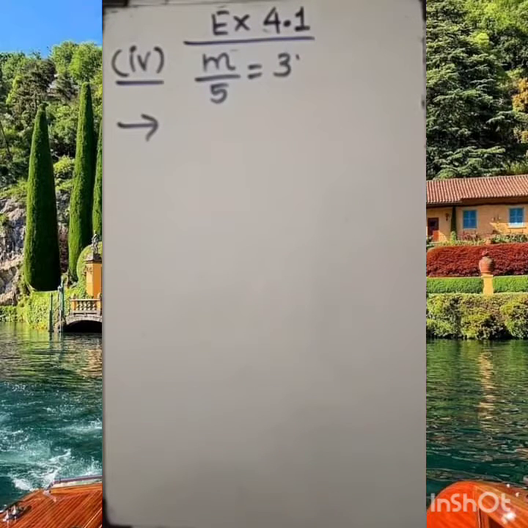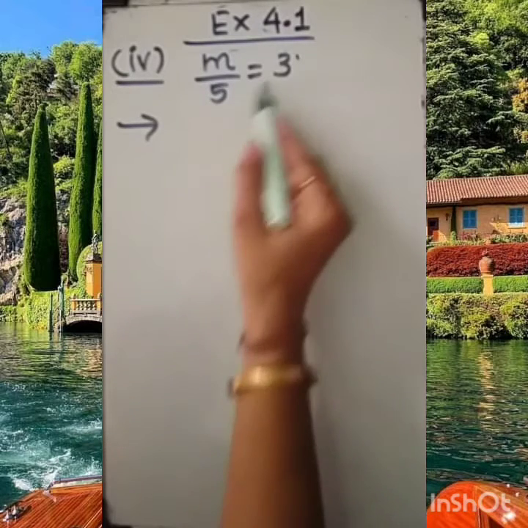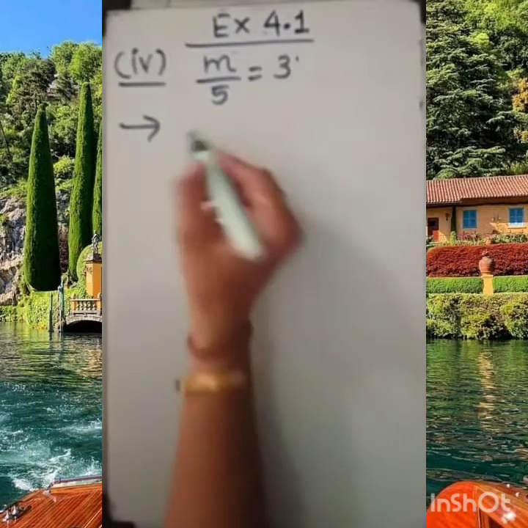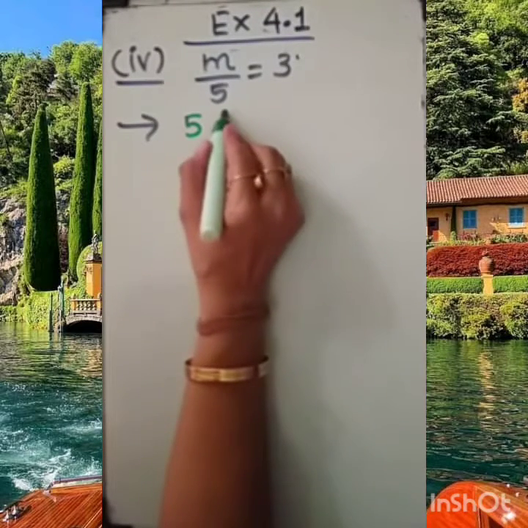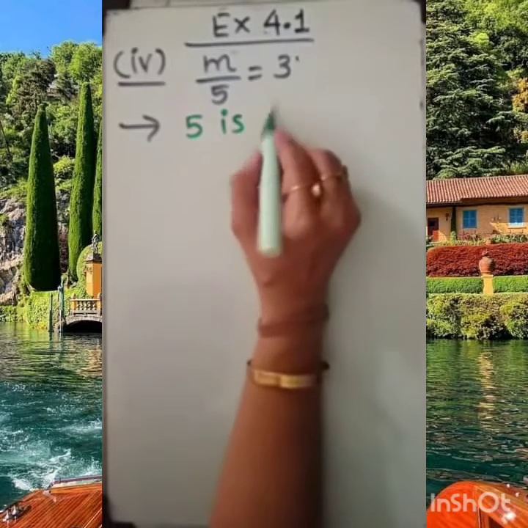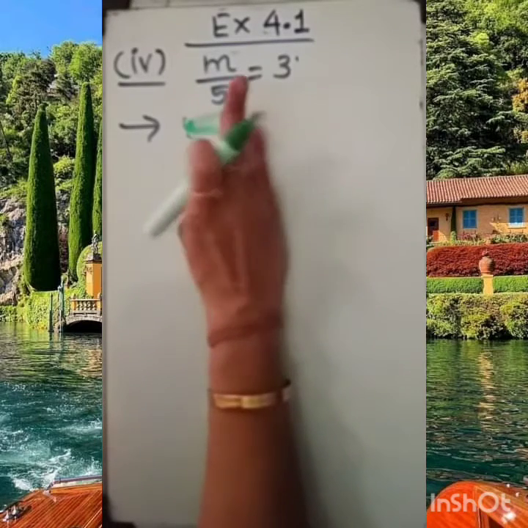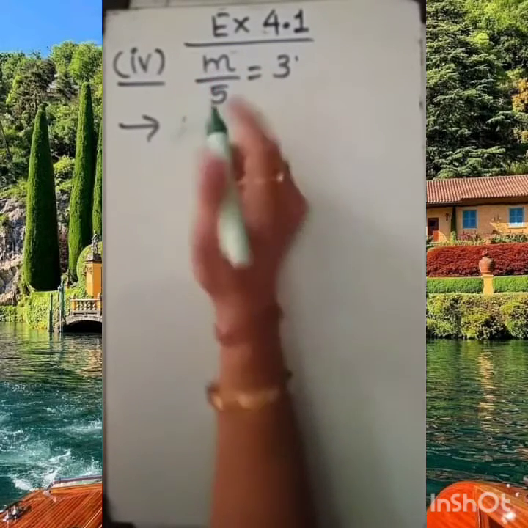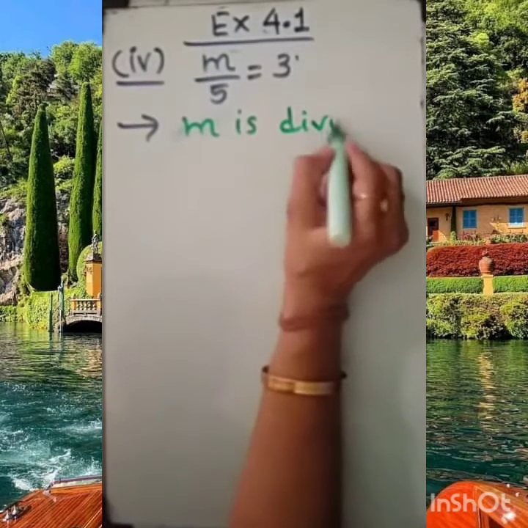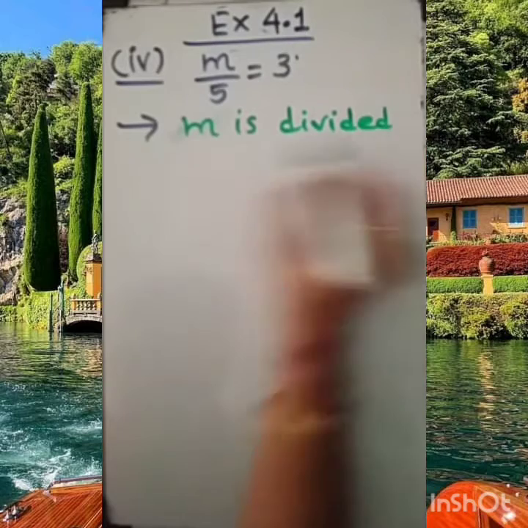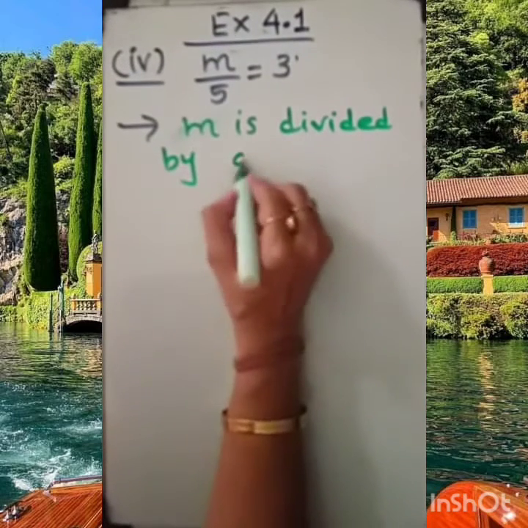So my dear student, the fourth equation we are given, just look at your screen. m by 5 equal to 3. So how to write it in a statement form? We need to write m is divided by 5, I'm correcting, sorry, m is divided by 5 gives 3.